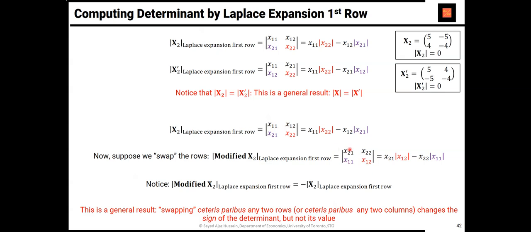And again, I go by Laplace: plus the first element times the determinant of what's left over, minus the second element of the first row times the determinant of what's left over. And now you'll see that it's exactly the same as this, but with a minus sign. So this is a general rule. When you swap any two rows, the determinant stays exactly the same, but you change the sign. And for that matter, if you swap any two columns, you keep the determinant as it is, but have a different sign.